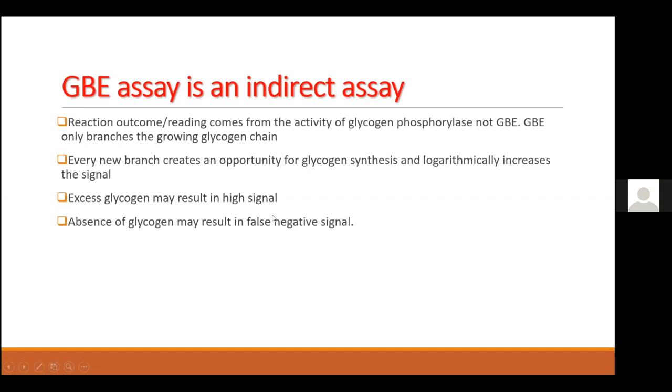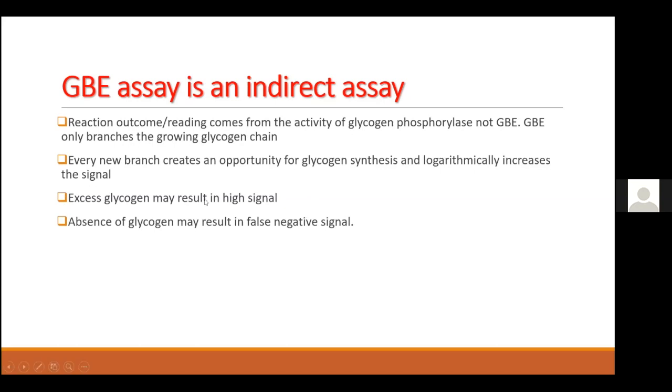And with the effect of the branching enzyme, the real enzyme that we put, which builds the signal, has the opportunity to increase the signal significantly. So this assay has some pitfalls. As I said, it is a combination of two enzymes, but it is also highly affected by the glycogen that comes in the tissue.